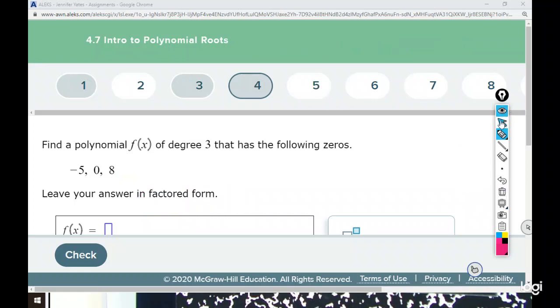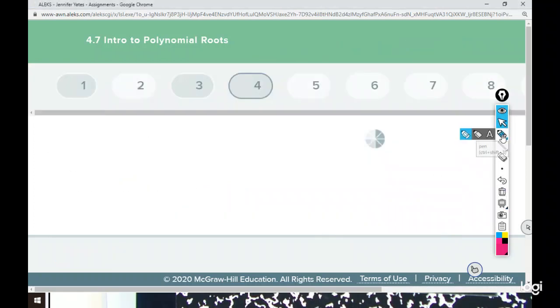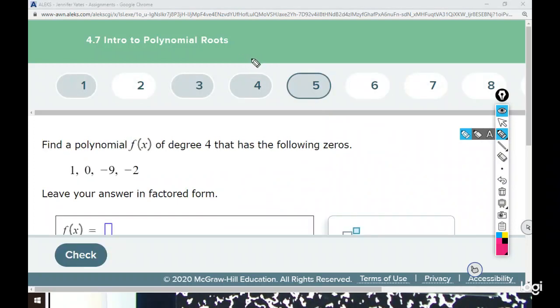Let's do one more. We'll do it quickly. All right, we will have f of x equals, how about the 1? x minus 1, how about the 0? How about the 9? And how about the -2? All right, golden.